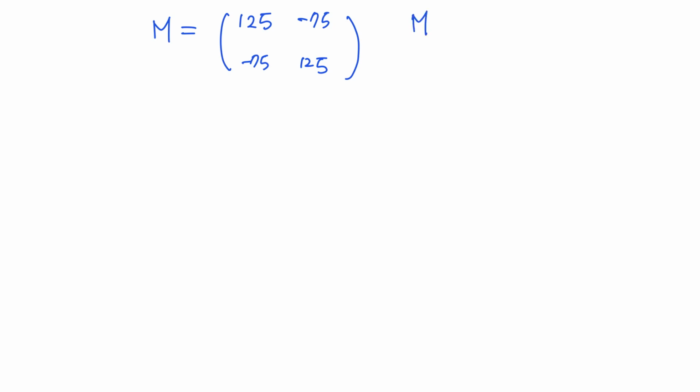M adjoint is 125 minus 75 minus 75, 125 is M, right? So M is a Hermitian matrix.